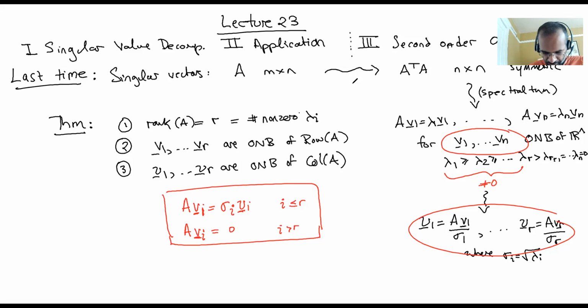You really have to go through this proof again on your own, and ideally explain it to somebody else, because there are so many moving parts. It uses row rank equals column rank, orthonormal basis, the spectral theorem, facts about transpose. It uses everything. So it's a good way to make sure you understand everything. And what I'll show you now is that it's also worth it because it has so many consequences.